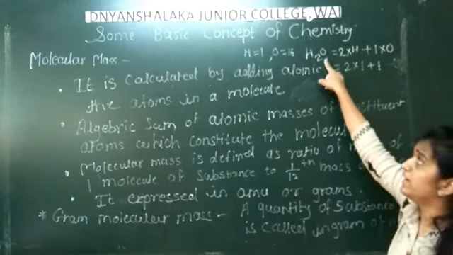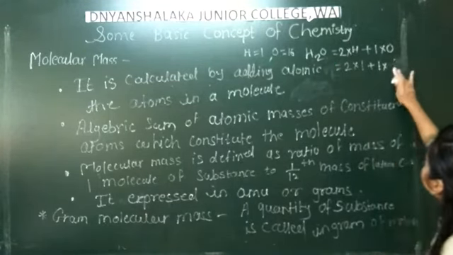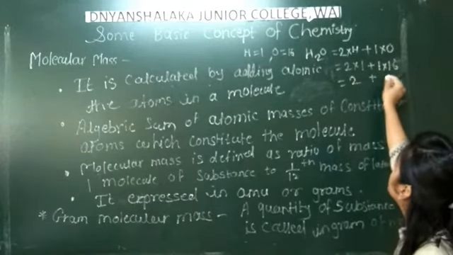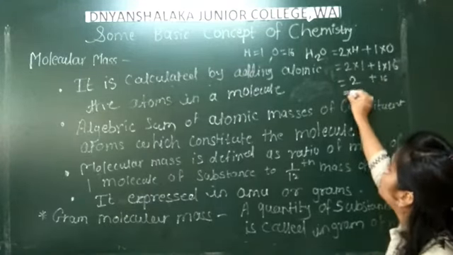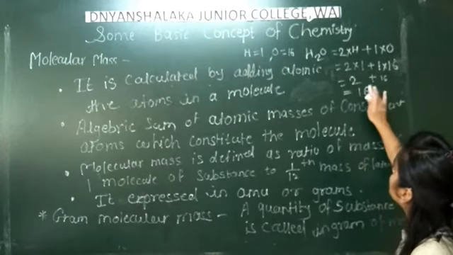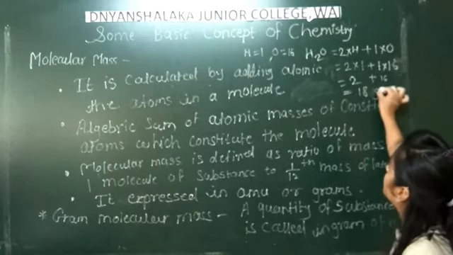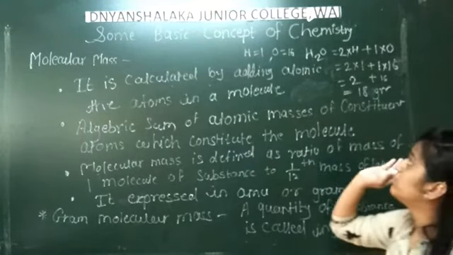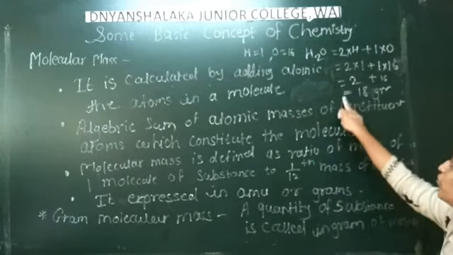So 2 into 1 is 2, plus 1 into 16 is 16. So 16 plus 2 is 18 gram, the molar mass or molecular mass of a water molecule.